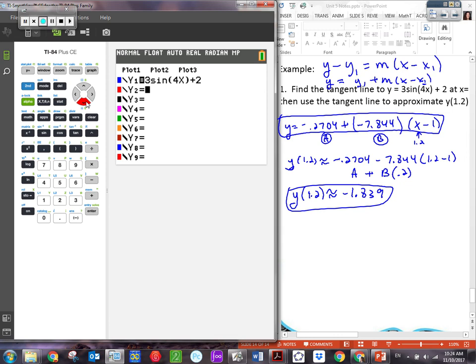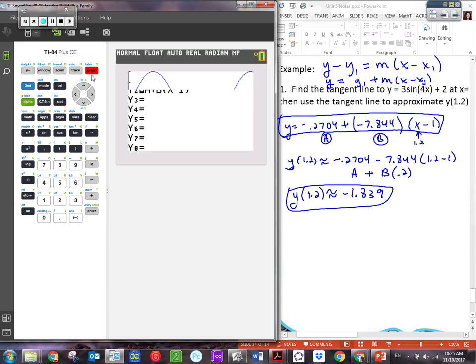I just want you to see what it is that we found. Our tangent line is y equals A plus B, and then times x minus 1, right? Then times x minus 1. So let's look at the graph of these and let's just see what's going on.